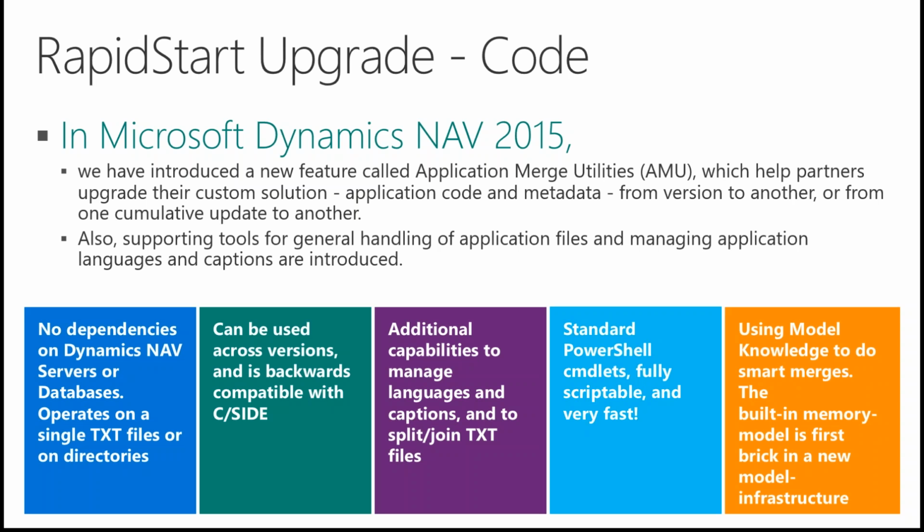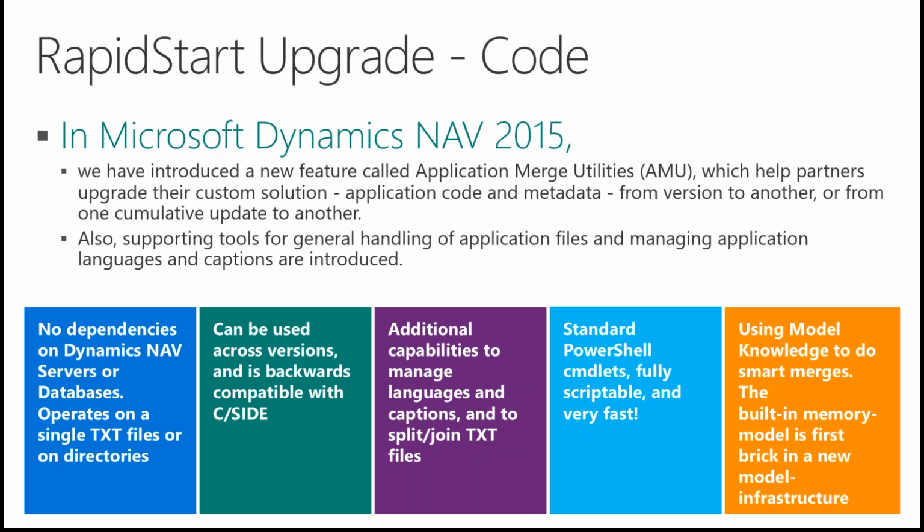So what you do is you take the base R2 version, you export all those objects, and then you take the NAV 2009 R2 version with your IP or your ISV code that's been added to that, and you export all of that code out to a text file. Then there's a utility that will compare the 2009 R2 to 2009 R2 with your enhancements to the application, and that pulls the differences out of that file.